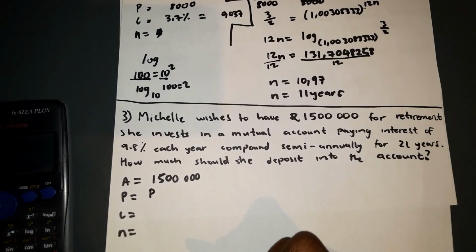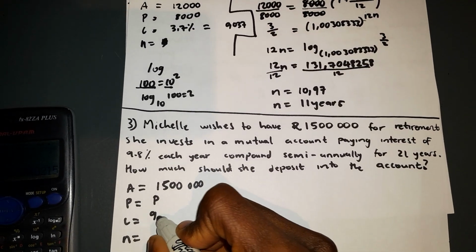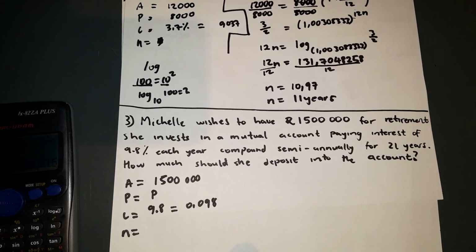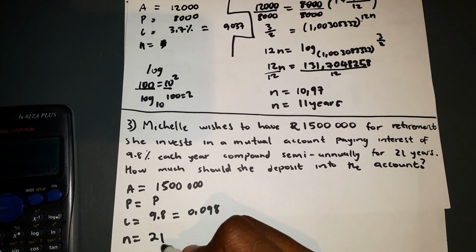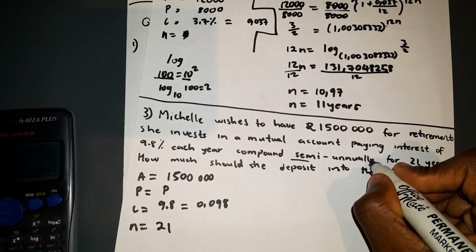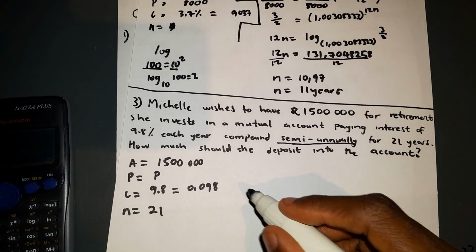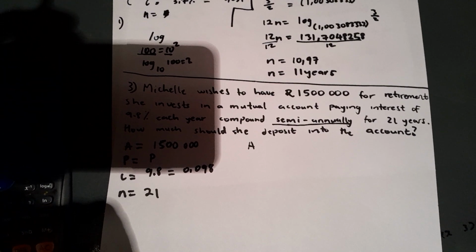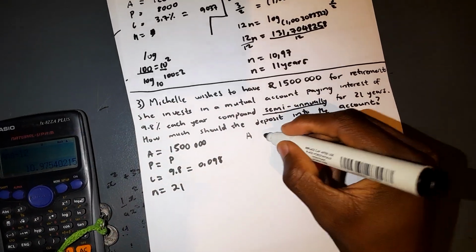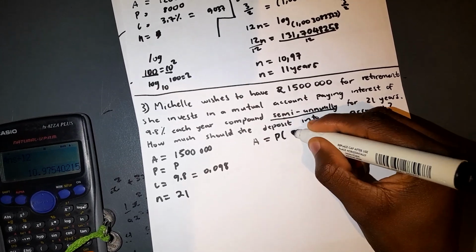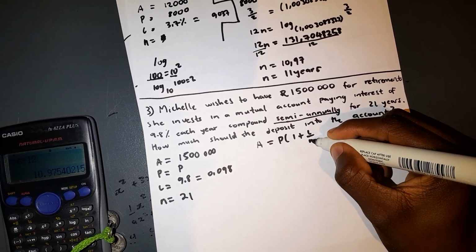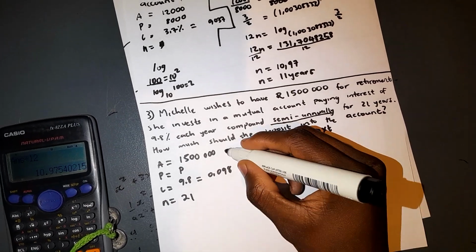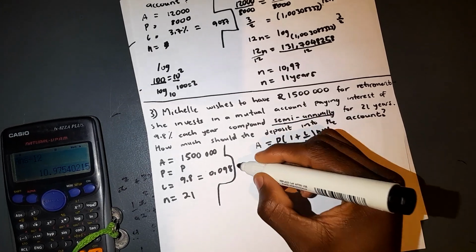We can just write P. The interest is 9.8, and 21 years. And it's compounded semi-annually. Keep that in mind. Now let's try to write down the formula, n times t.